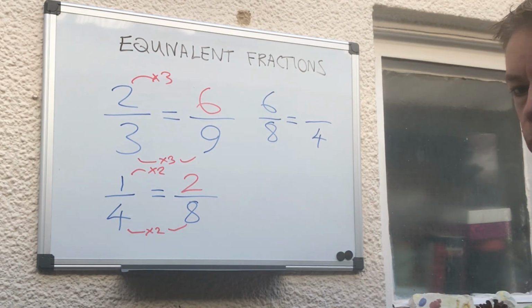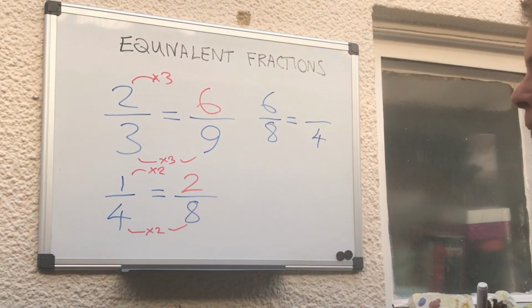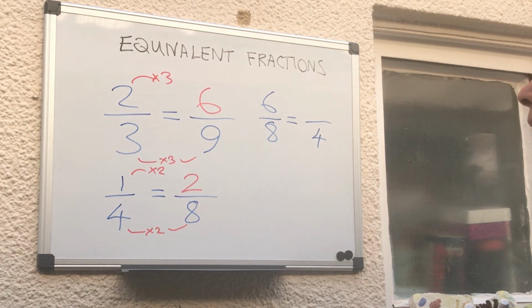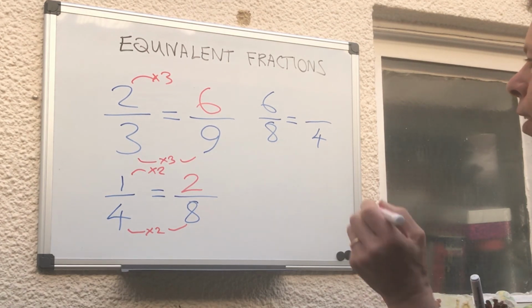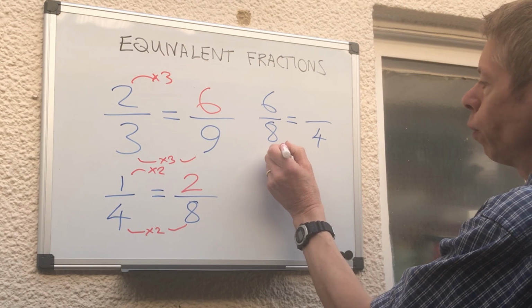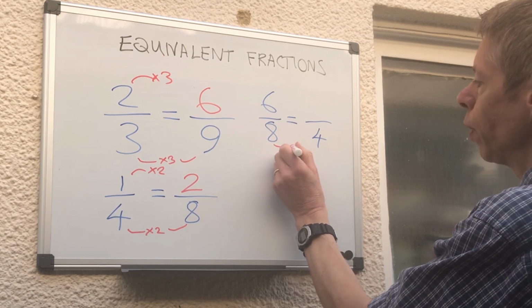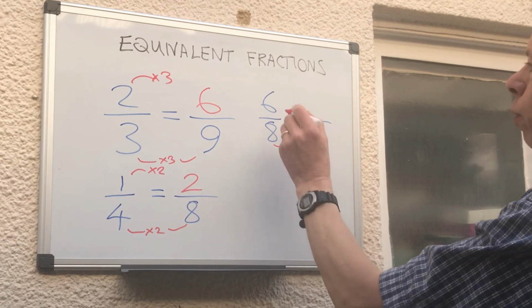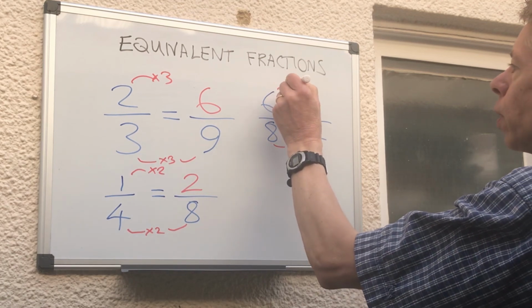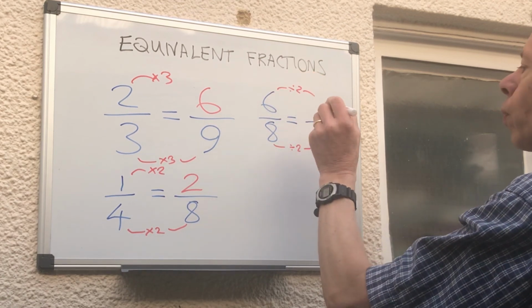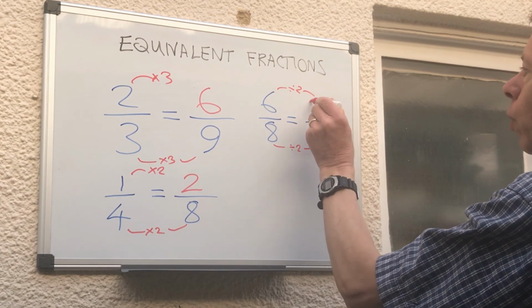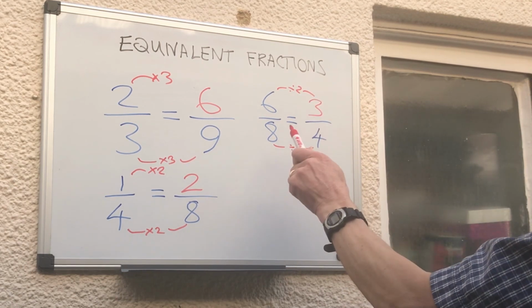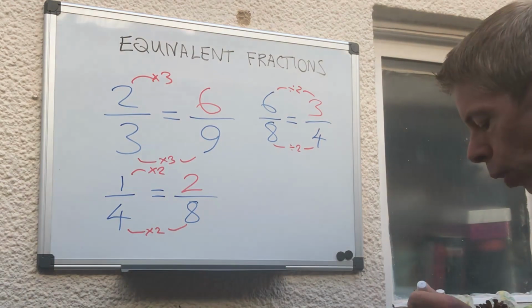So just give you a couple of seconds to work that one out. Okay, so from 8 to 4, we've divided by 2. So 8 divided by 2 is 4. So 6 divided by 2 will give us 3. So 6/8 equals 3/4.